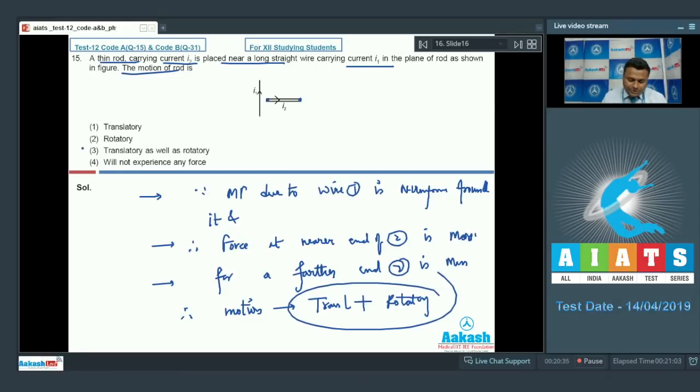Therefore we will go with option number 3 only, which is absolutely correct. Now move on to the next, that is number 16.